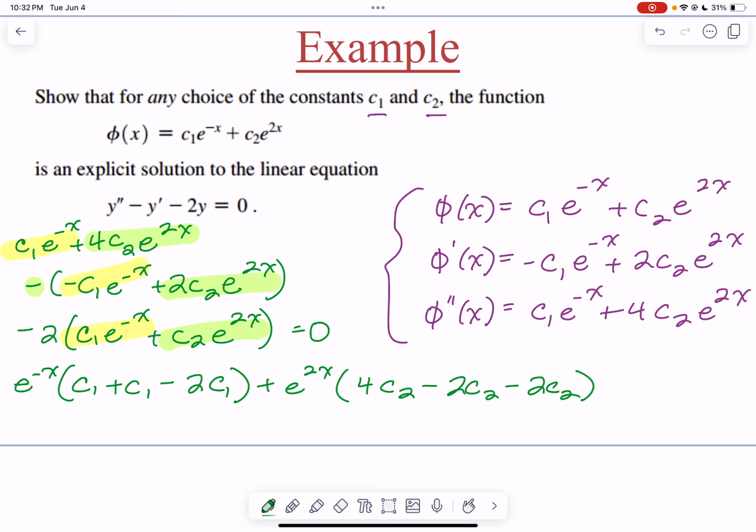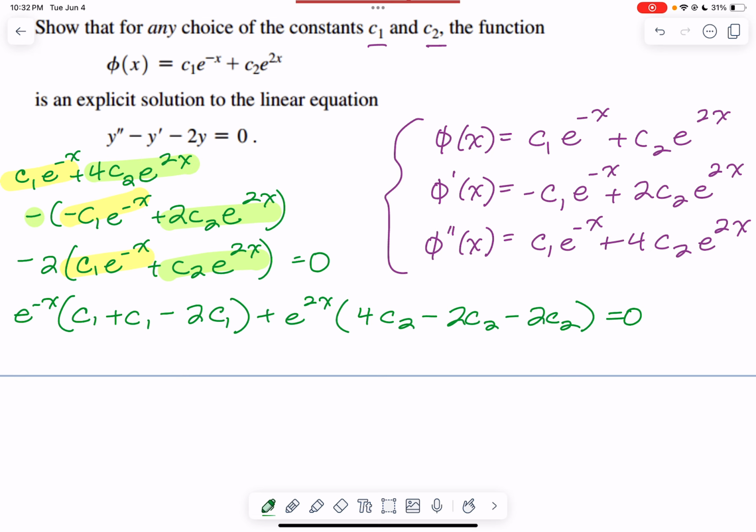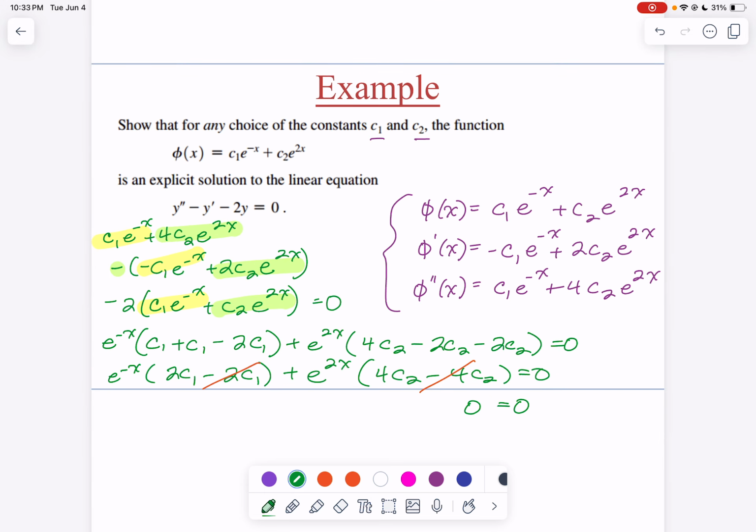And we're going to see if that is equal to 0. And as you can see, this is equal to 0, and that's 0. So we come up with 0 is equal to 0.